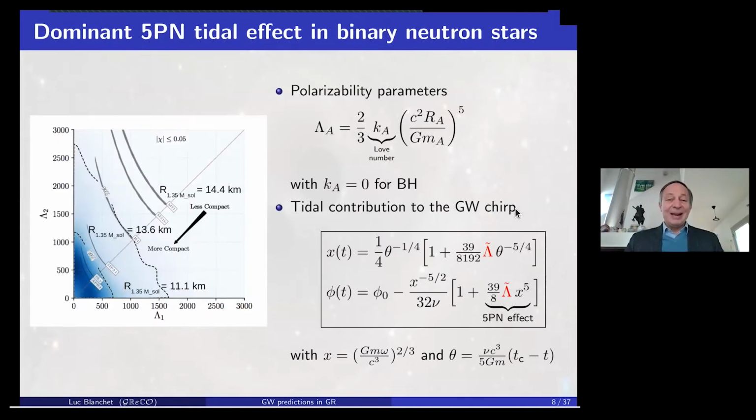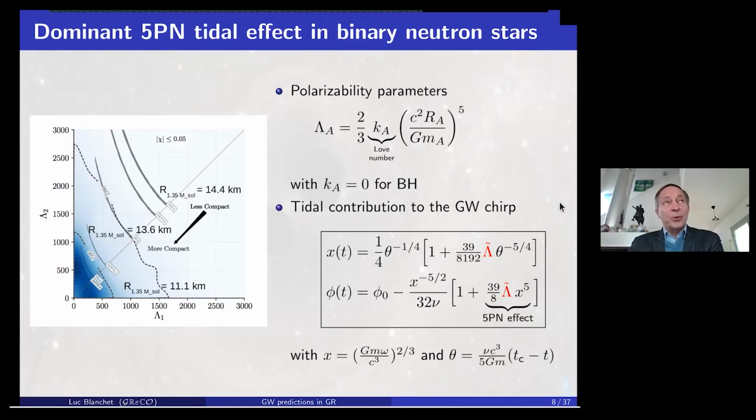At still higher order in the expansion, there is the first effect due to tidal interaction between the two objects. In that case, we must have neutron stars. And as I said, we can compute this effect by using effective field theory.